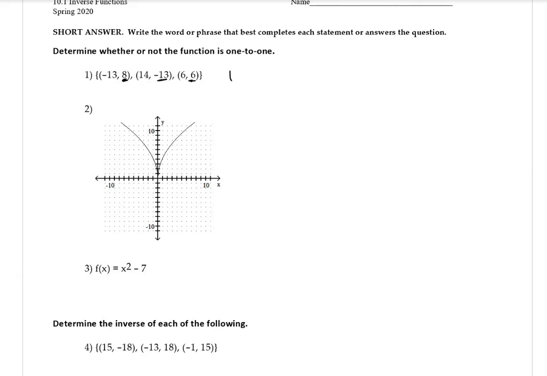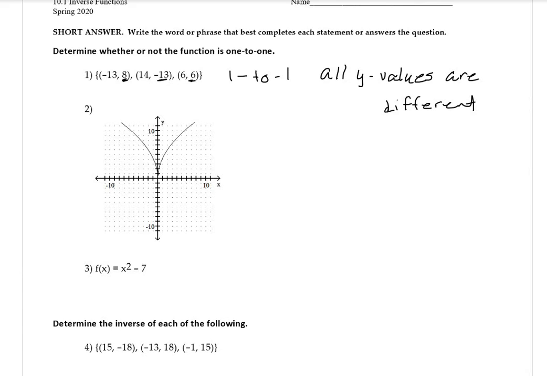They're all different, so this is one-to-one. All the y values are different. Or, there are different ways that you could say that. You could also say that the y values do not repeat.